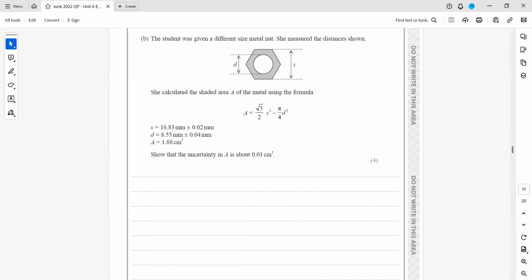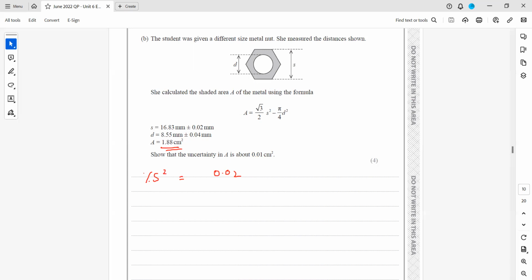So the percentage uncertainty in S square, the value recorded, that is 0.02. But keep one thing in mind, like the A is 1.88 is there. And if you want to work out the percentage uncertainty, you don't have to convert the units, because when we are taking percentage, it won't make a difference if it is in centimeter, millimeter, or meter.